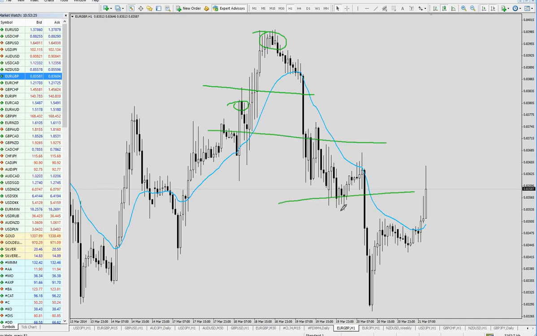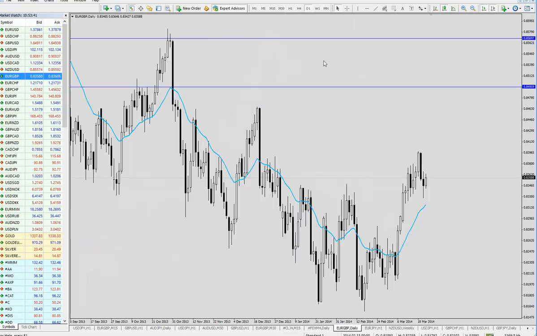Partially closed here, partially closed here, and I mentioned that in the short term I see the possibility to move toward the broken channel, right, on daily.